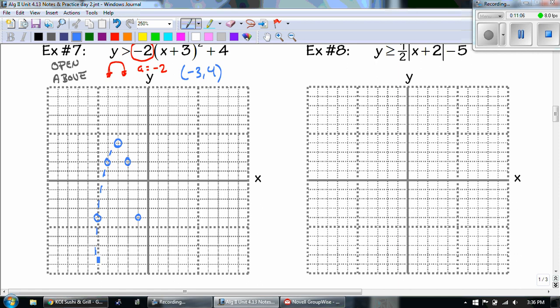And as I'm graphing this, okay, it is a dashed line. And I shade below. So there we go.